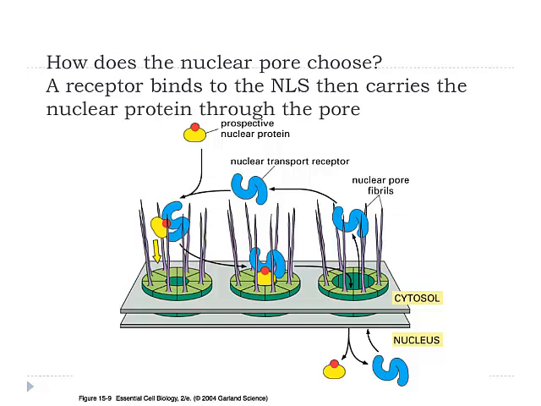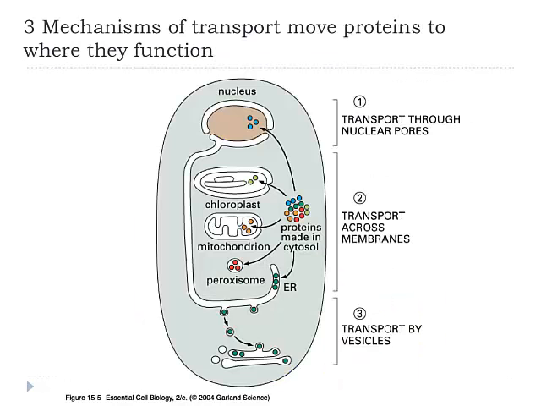So those proteins are the ones that are interacting with other types of transport receptors that will help them to move outside of the nucleus. Okay, so that's transport across the nuclear envelope through nuclear pores.